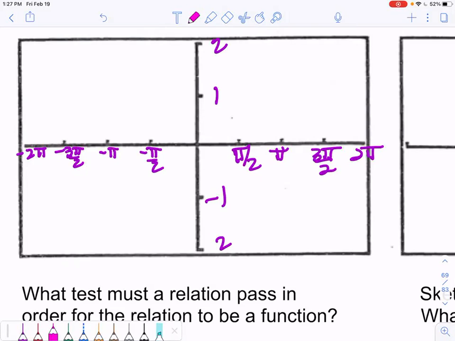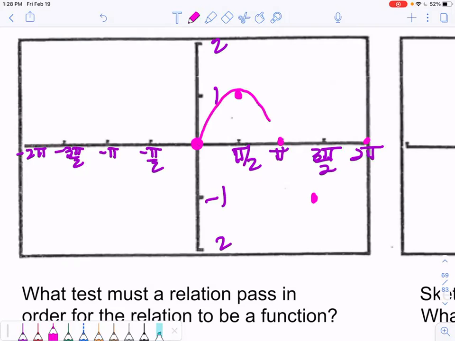So sine starts at what point? What's the first point of sine? Think about what sine looks like. Sadie? 0, 0. Excellent, 0, 0. So sine starts at 0, 0. It goes up, goes back in the middle, all the way down, and then ends back in the middle.